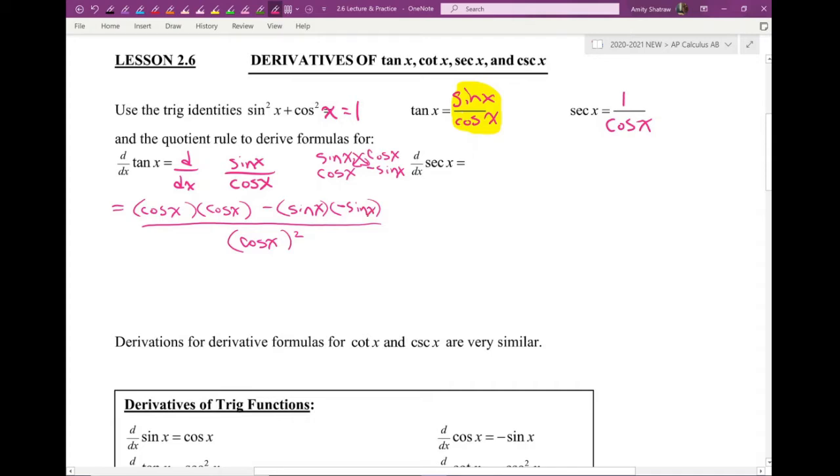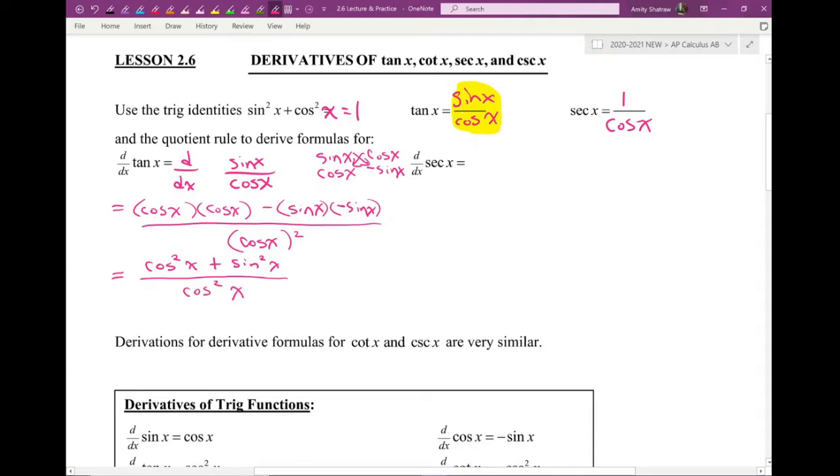And so I immediately am saying to myself, well, I have cosine times cosine, which is cosine squared, and I have a sine times a sine, which is going to be a sine squared. And don't forget, the negative times the negative turns into a positive. And whoa, hey, isn't that our identity? Didn't we already learn that? Cosine squared x plus sine squared x.